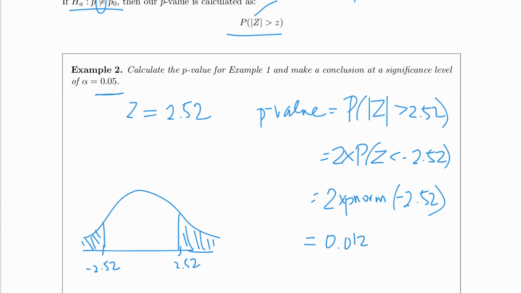Because the p-value here is less than 0.05, we would reject the null hypothesis and conclude that at a significance level of 0.05, the problem of inadequate healthcare is different for African Americans. I hope you see that regardless of whether you take the confidence interval approach or the hypothesis testing approach, you arrive at the same conclusion.